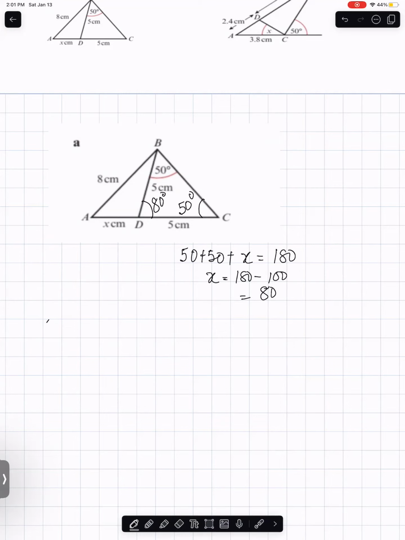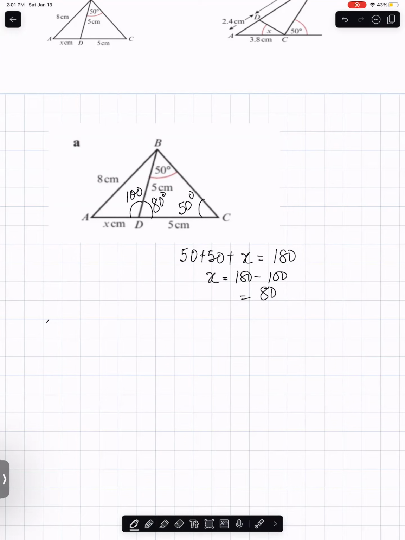With this angle gotten already, I can use it to find the other angle here. So this angle at this point is 180 minus 80, which will give me 100 degrees for this angle. So with this, we can proceed to look for any of the given sides.